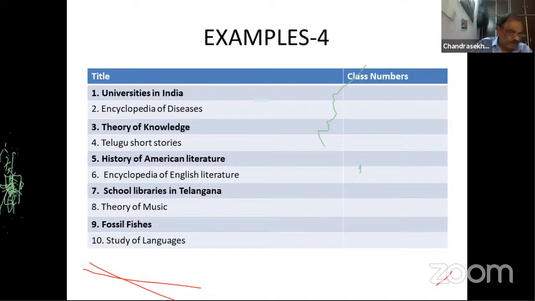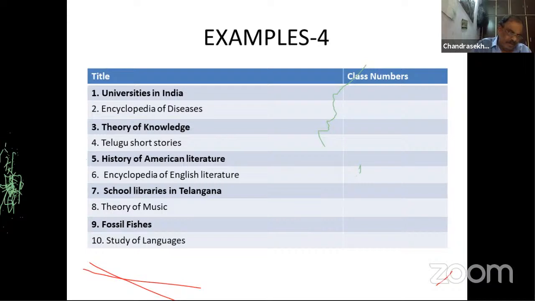378.54. Here, under 378, 378.4 to 9 is given: higher education in specific continents, countries, localities in the modern world.